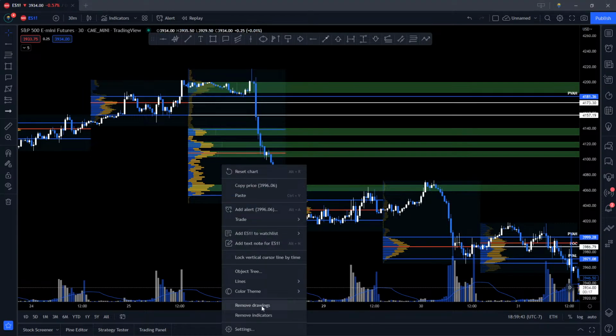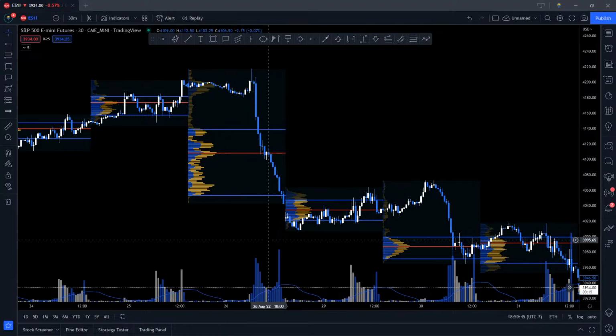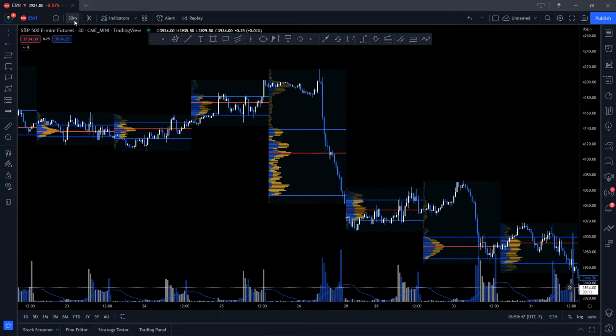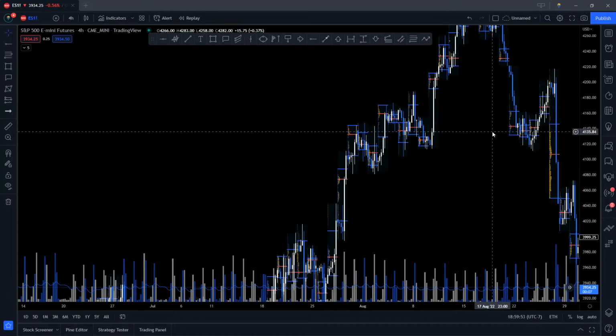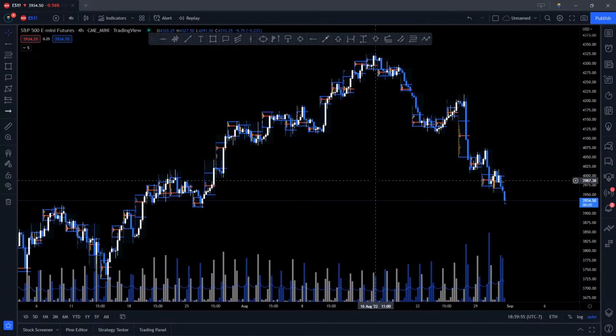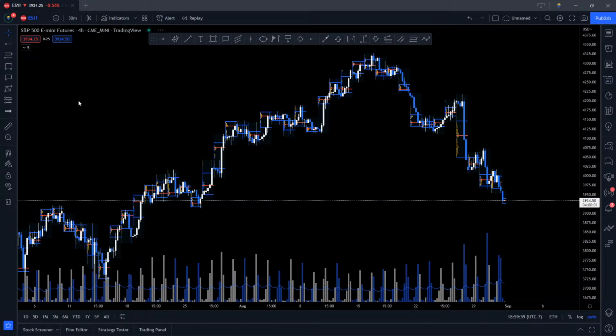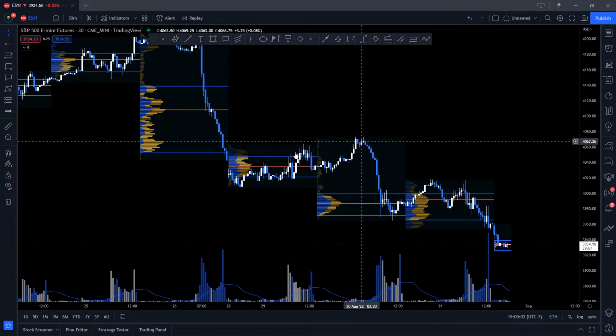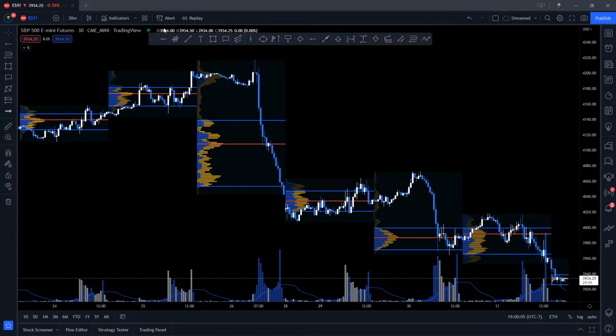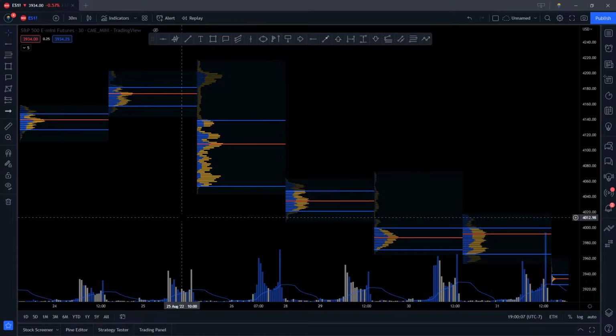All right, so let's remove all the drawings again, and let's check out, like, the 4-hour chart. Actually, I might be getting ahead of myself. Let's go back. Yeah, I was definitely getting ahead of myself.